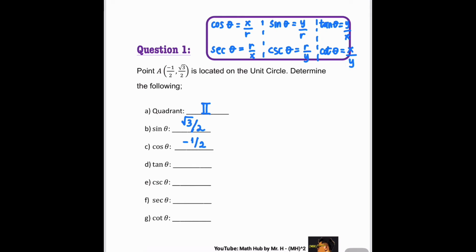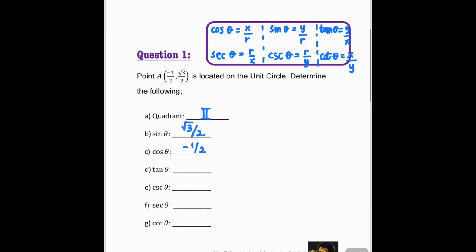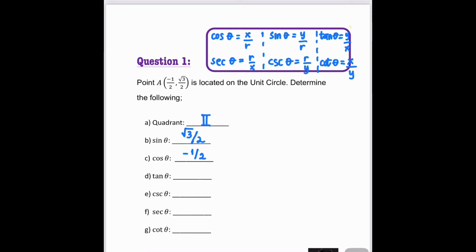And tangent theta, from up here, is y divided by x. So we take square root of 3 over 2 divided by -1/2.